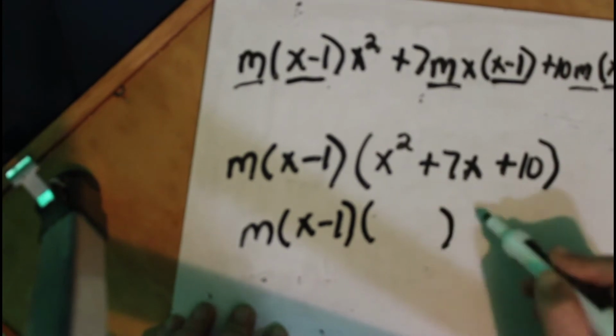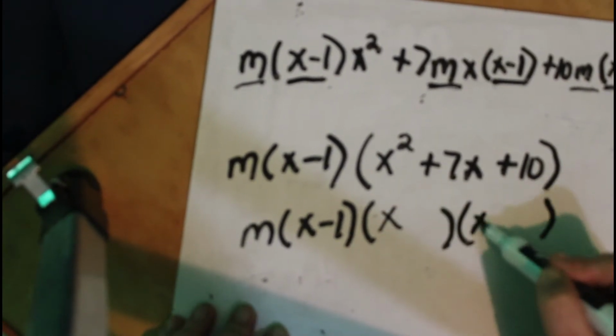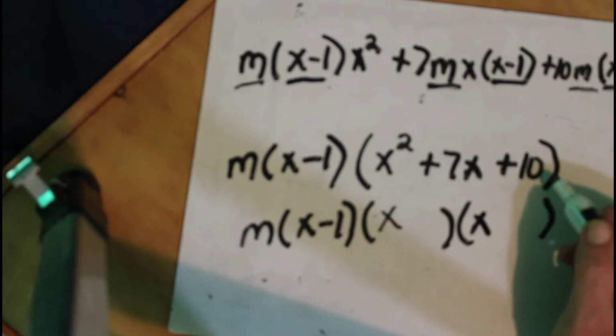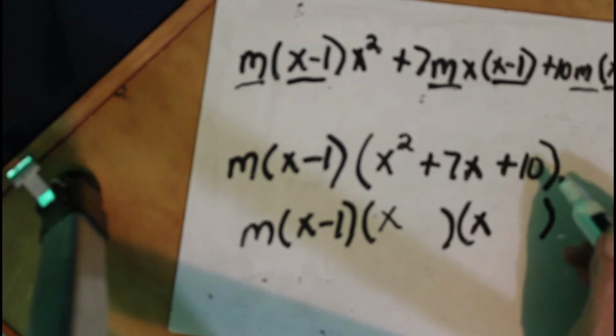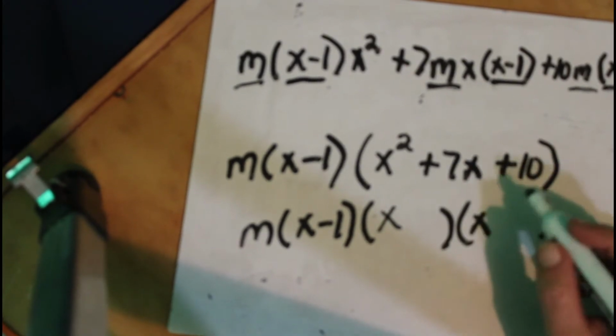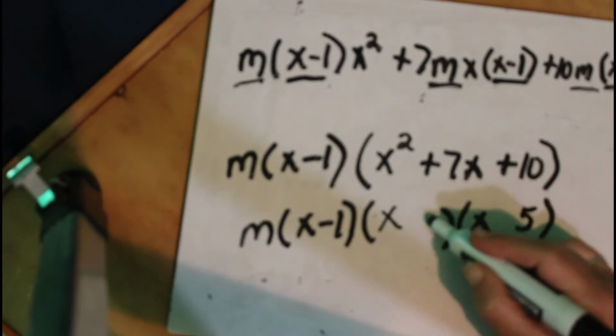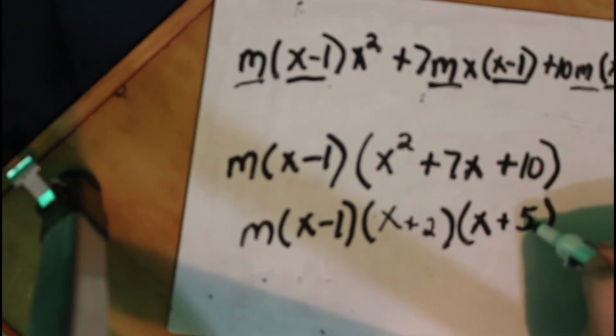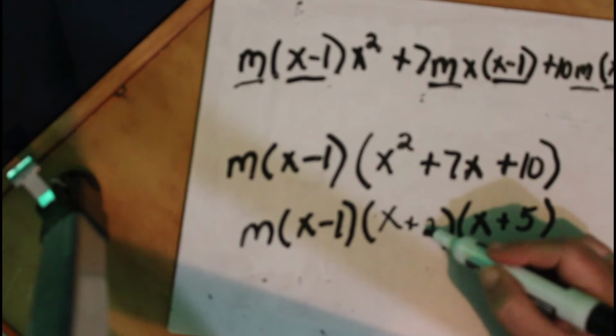And then we put our two parentheses right here, and we're just going to factor like normal. So x times x is x squared. And then we need two numbers that multiply together to get 10 and add together to get 7. That will be 5 times 2. And they're both positive. 5 times 2 is 10. 5 plus 2 is 7.